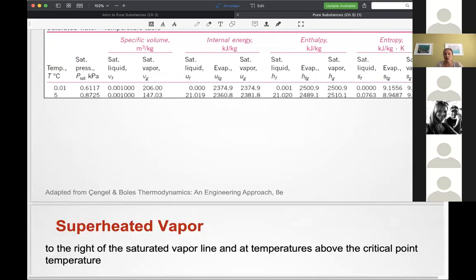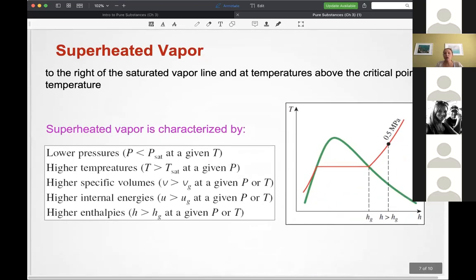Okay, so when we look at superheated vapor, this is typically where our entire liquid has been vaporized, it's continued to be heated, and now it's in a different phase called a superheated vapor. It's characterized by high temperatures, high specific volumes, lower pressures, and it is above this critical point of temperature.